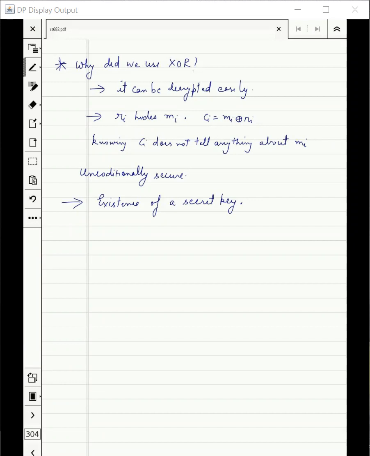Next, another way is asymmetric key encryption. And in this case, obviously, the encryption and decryption keys are quite different.